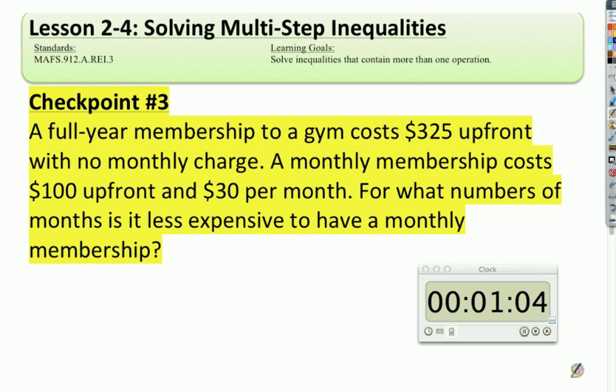Seems like a lot of you are done. That's fine. Start your team talk right now. You got 1 minute team talk. Compare how you did it. Compare your answers.